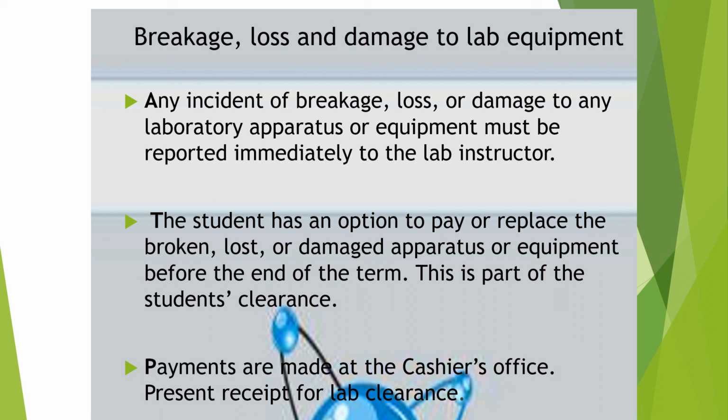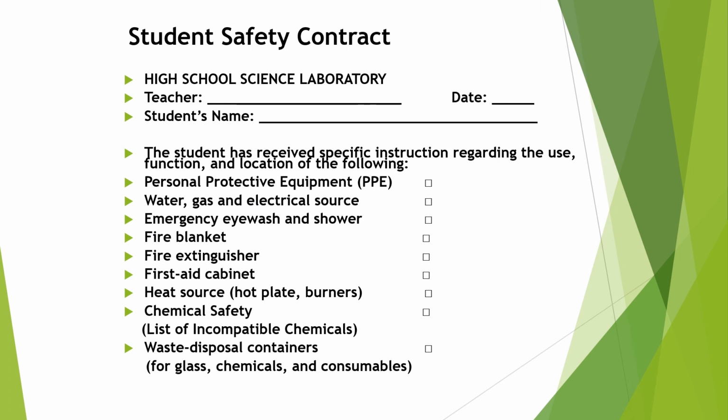This is part of the student's clearance. Payments are made at the cashier's office. Present the receipt for lab clearance. There is also an option that the student can purchase the material from outside and then just replace the item with the same specification.